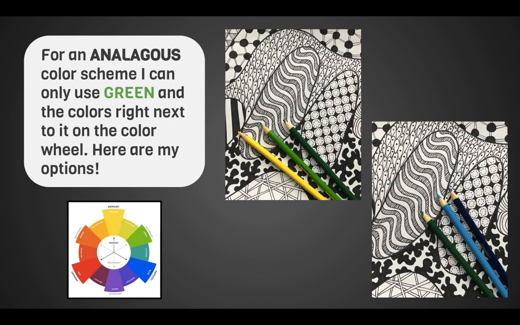For an analogous color scheme, I can only use green and the colors that are right next to it on the color wheel. In the example in the middle, I started with green and then I went to yellow-green and then to yellow. I could use those three colors. In the example on the right, I started with green and I went to a bluish green and then to blue. I could use those three colors. Both of those options are analogous color schemes.